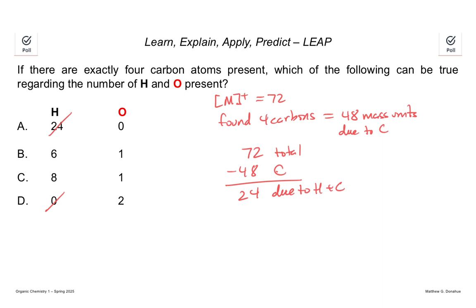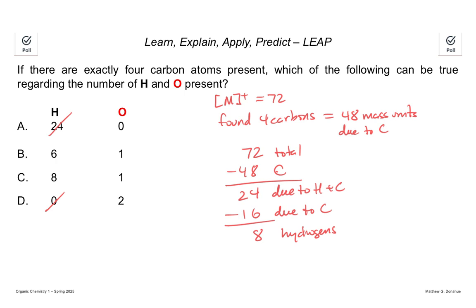They both have 1 oxygen. So they're both contributing 16. But then the hydrogen count is just basically getting you to the remainder. So it would have to be 8 hydrogens.